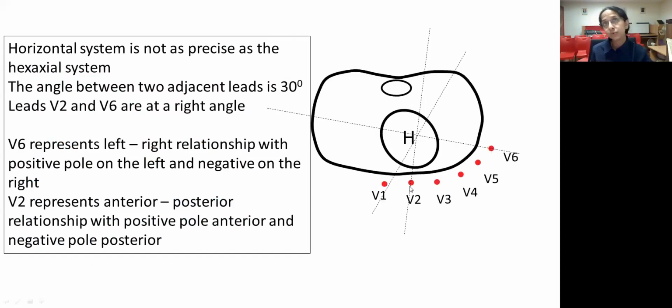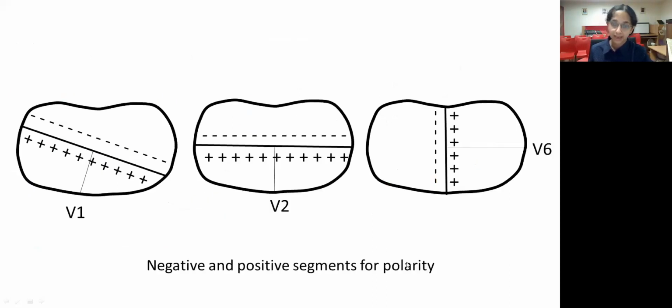So just as we used leads I and aVF, we can use the leads V2 and V6 to have an understanding about anterior, posterior, right and left. For example, if it's positive in V2, I know it is an anterior axis. And if it's negative in V2, I know it is a posterior axis.